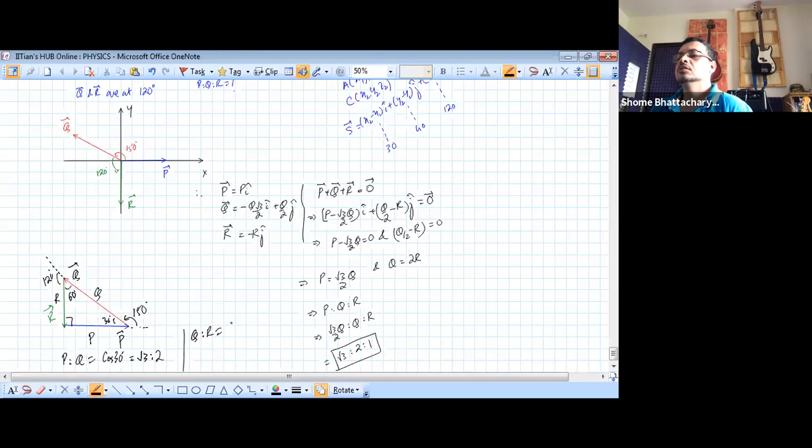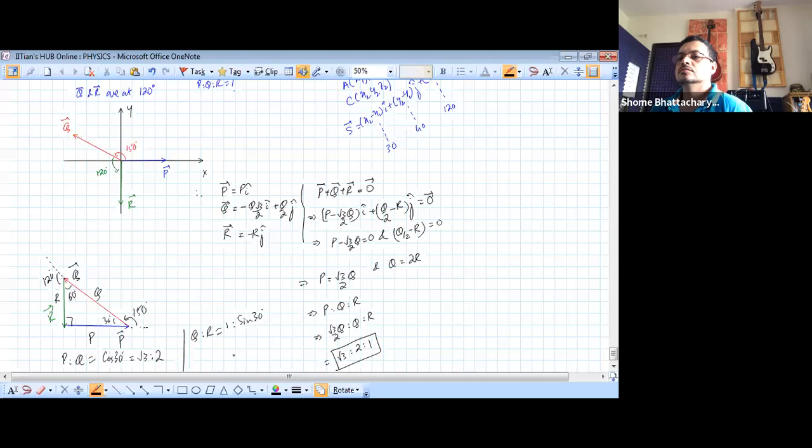Q is to R is 1 is to sine 30. R is to Q is 1 is to 2.